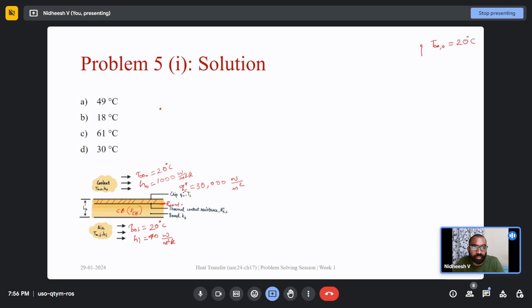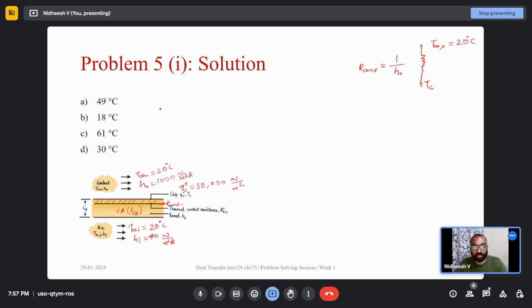Then there is a convective resistance, R convective equal to 1 by H, since heat flux is given. So 1 by H0. Then we have the chip, and since the chip is very small, we can say the whole chip has the same temperature Tc.